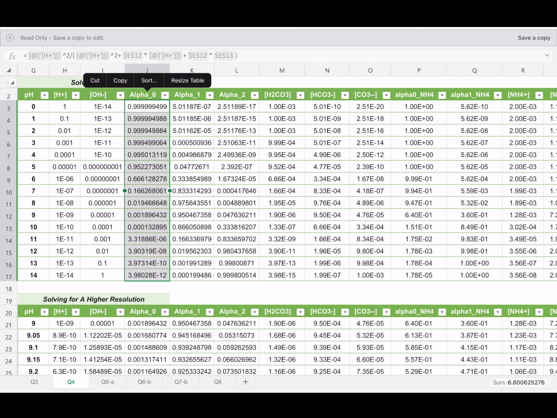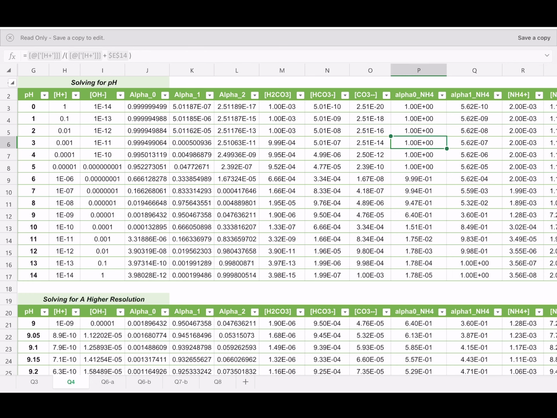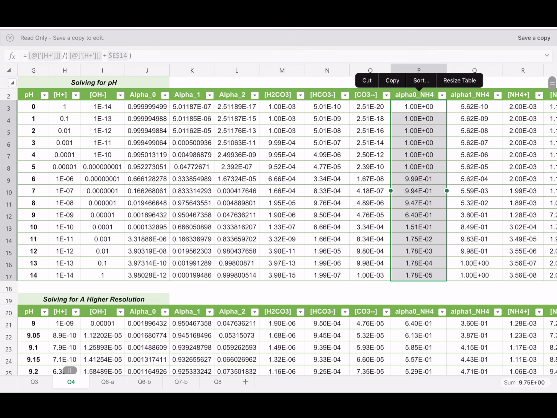This is alpha 0, alpha 1, alpha 2 for the carbonate system, and then later we have the alpha terms for the ammonia system. Since these are functions of pH, and the 2 systems have different K values, the alpha 0 values for the carbonate system and the ammonia system are obviously not the same, as you can see here.